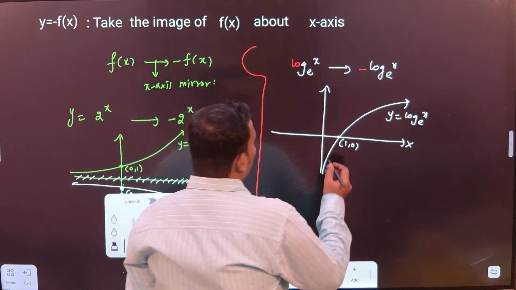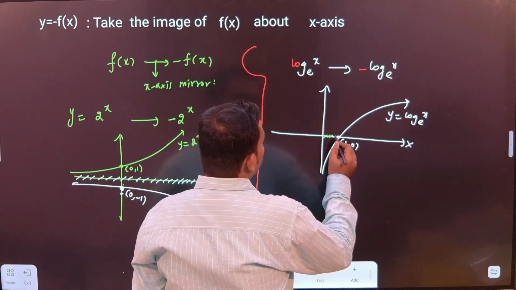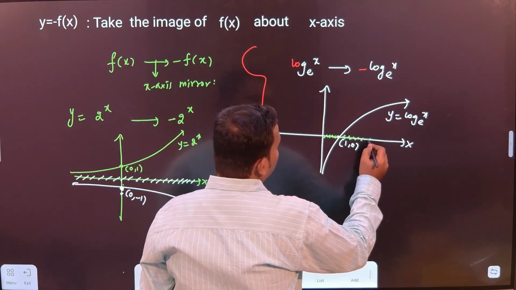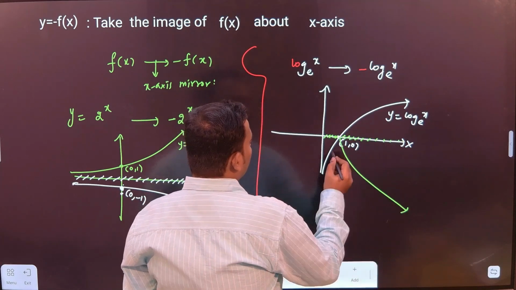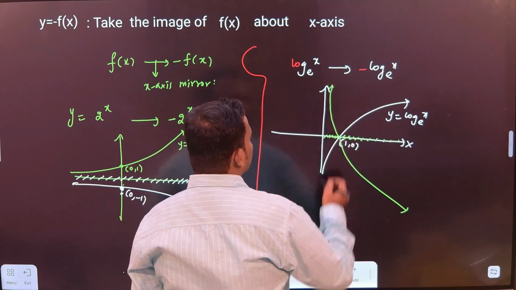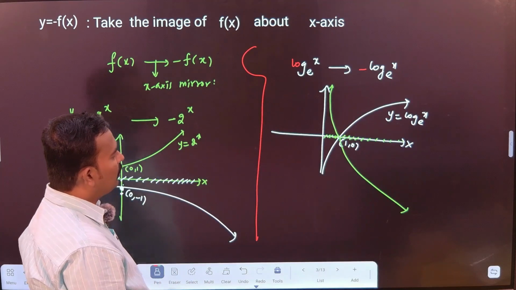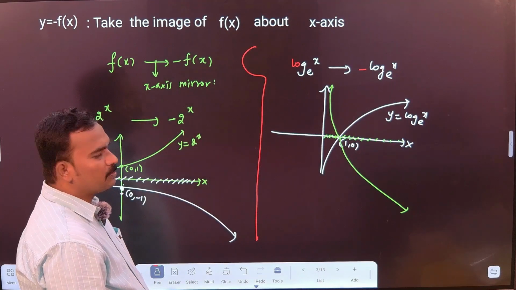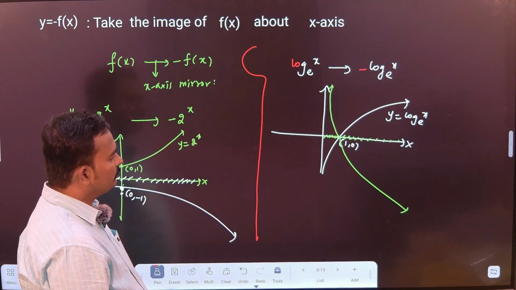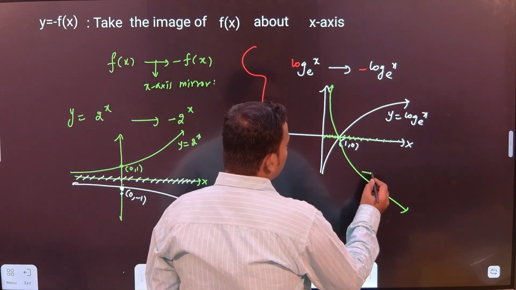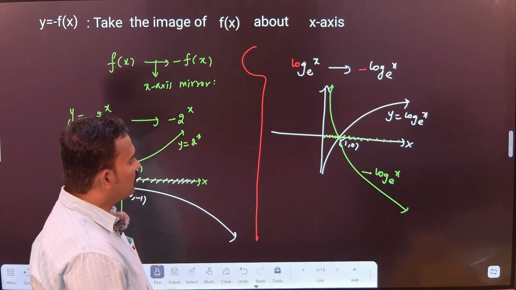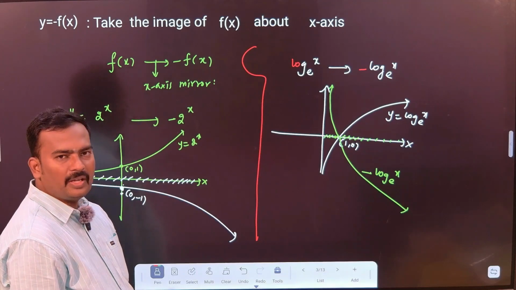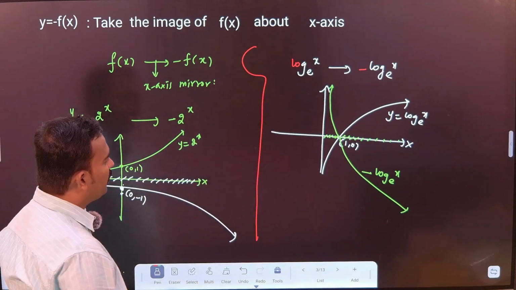So take this portion as the mirror. This portion will be reflected like this. Clear? This is your minus log x basic graph. Clear, students? Just take the x-axis as the mirror.